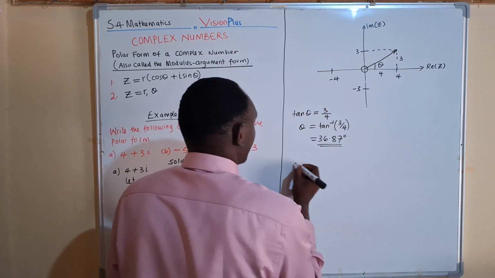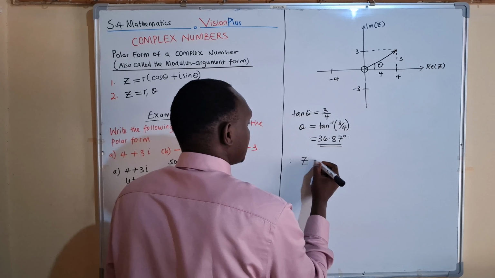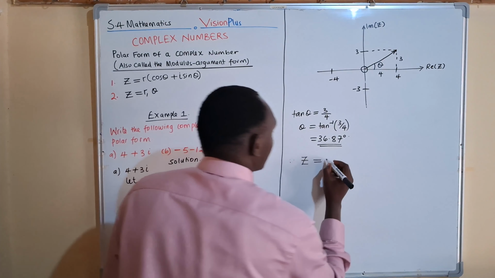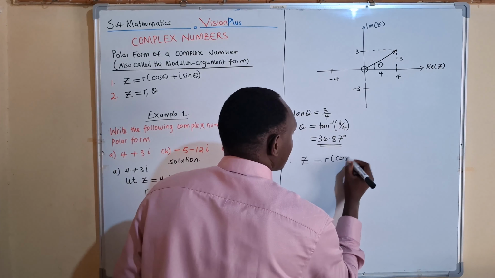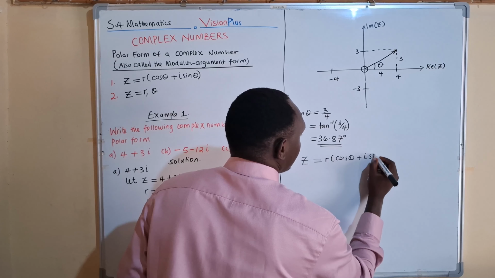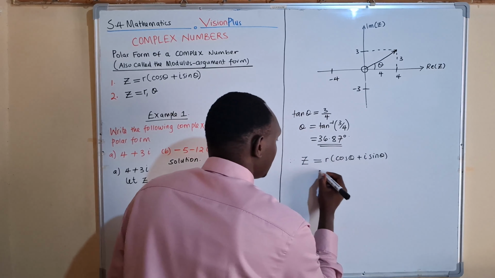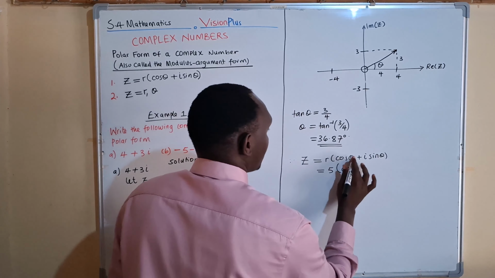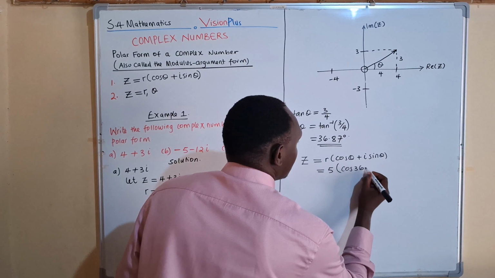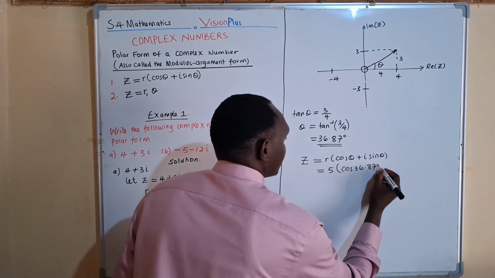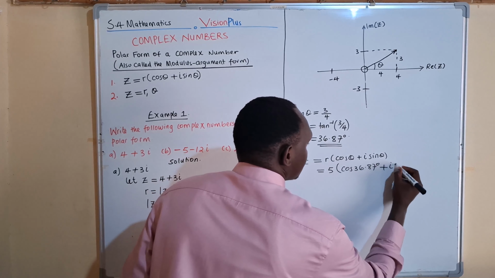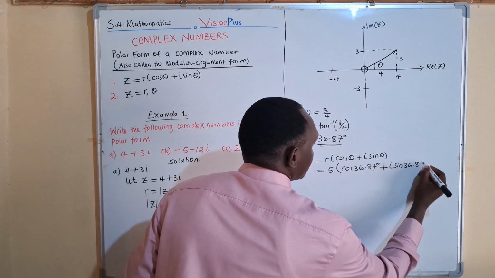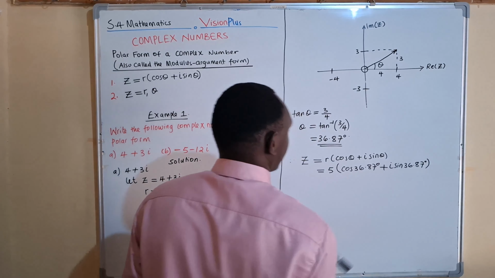Therefore, the complex number that we have called z equals, let me first quote the formula, r into cos of theta plus i sine theta. Now this becomes 5 into cosine of the angle. What is the angle? We have 36.87 degrees, plus i sine of the same angle, 36.87 degrees, then closing bracket.